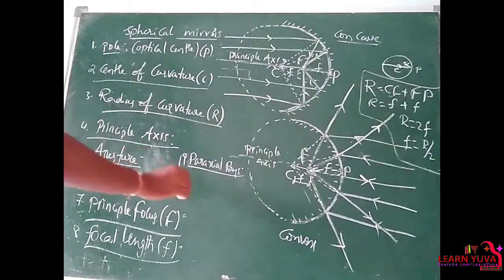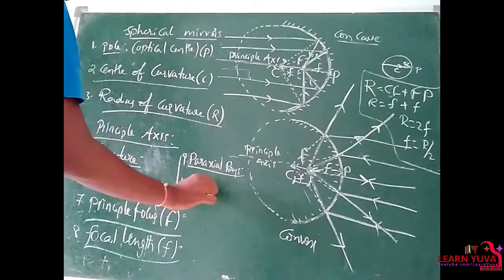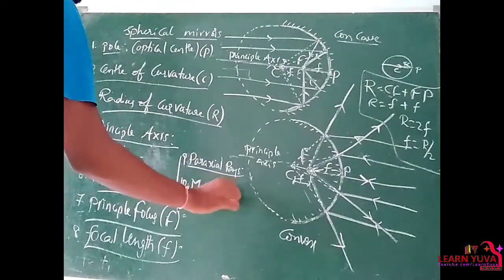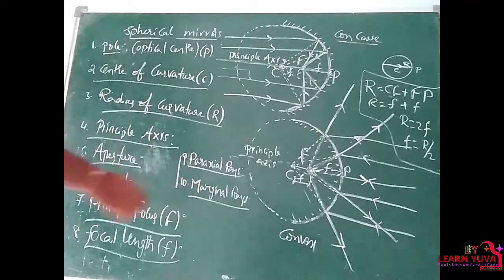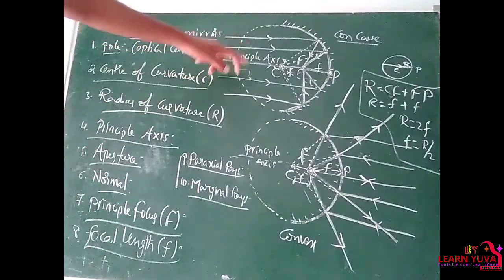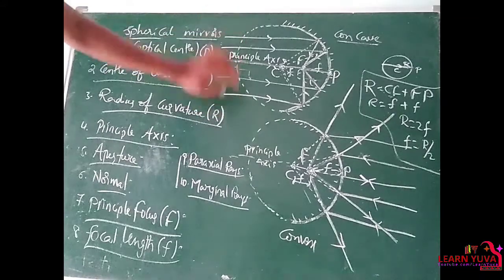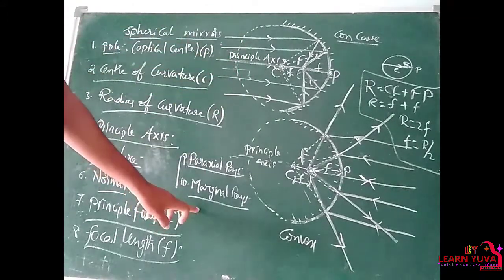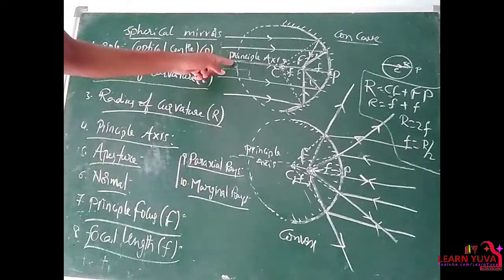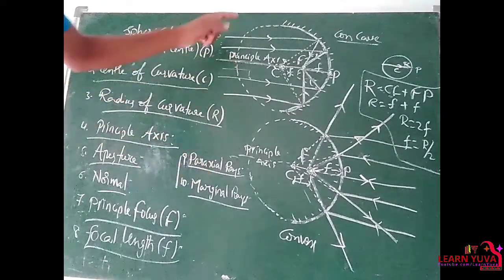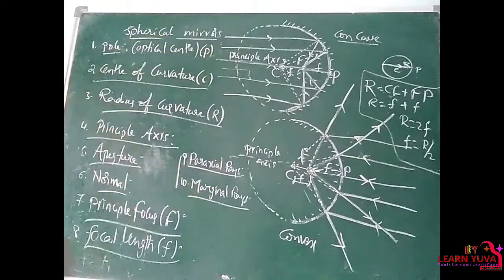Next, marginal rays. The rays which are away from the principal axis are nothing but marginal rays. Near to the principal axis are paraxial, away from the principal axis are marginal rays. So these are some terms related to the spherical mirror.